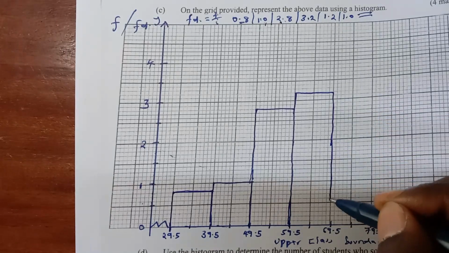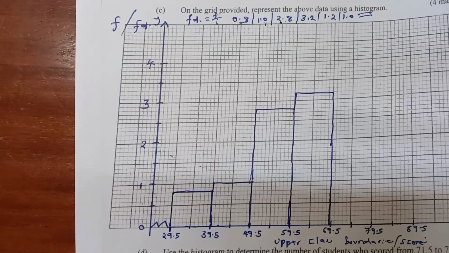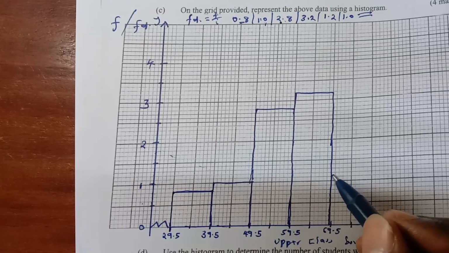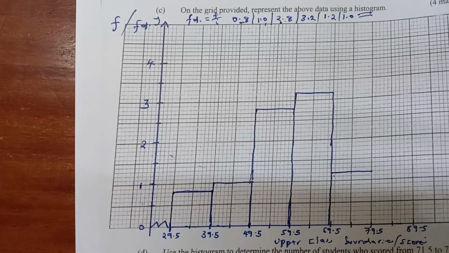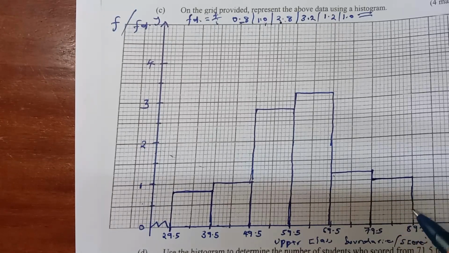Then the next one is 1.2. That is 2 boxes after 1. Then the next one is going to be 1. That is exactly on 1.